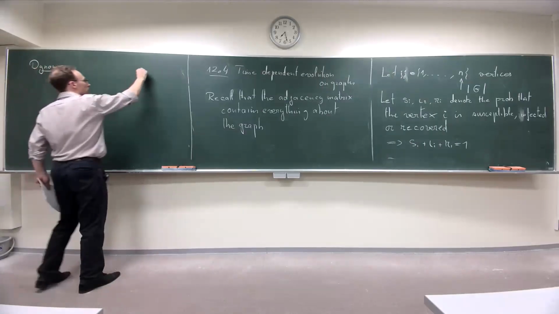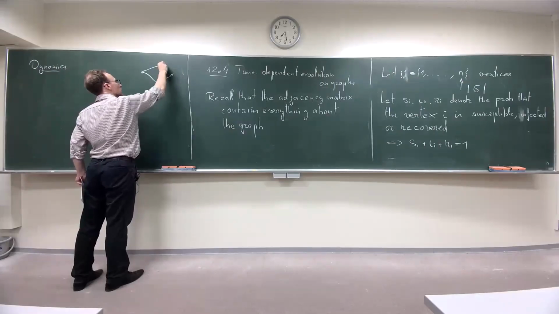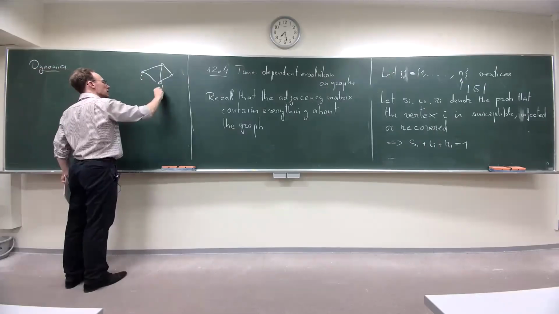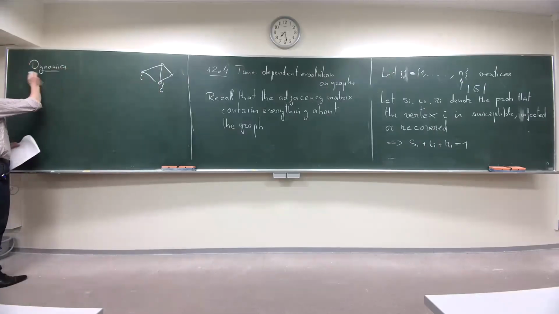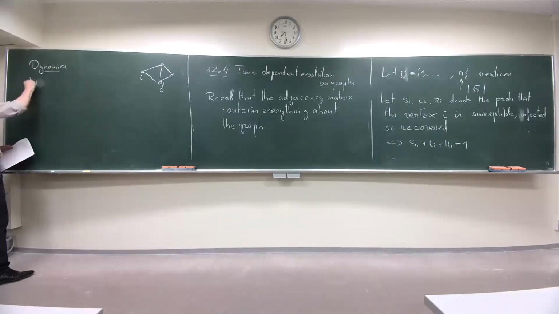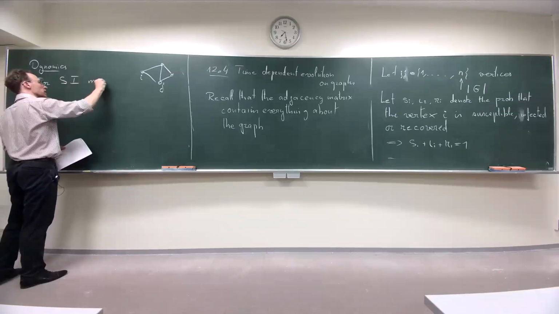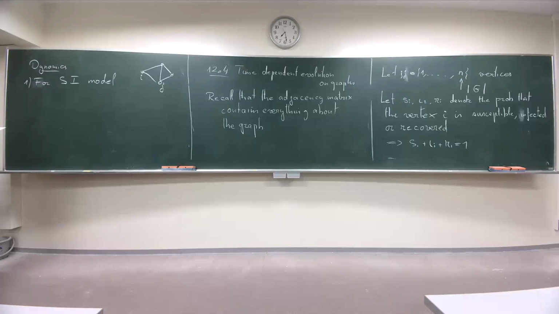So you should imagine your graph. This is your graph, and you have I, J, and so on. So the dynamics first for the SI model, the simplest one. We have only two states, susceptible and infected.